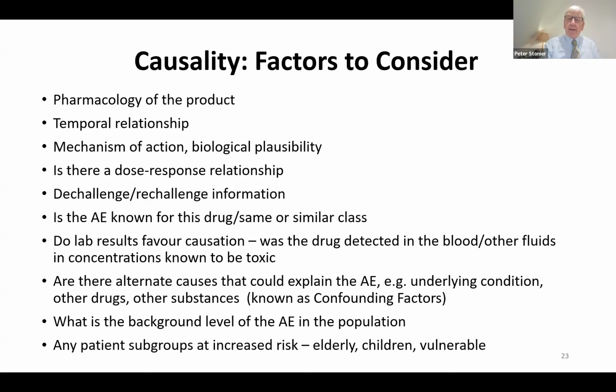There are many factors to consider in causality, and these factors can be put into algorithms such as the Bradford-Hill criteria, the Naranjo algorithm, and the WHO algorithms, to give some sort of measure of the likelihood of the event having a causal relationship with the actual drug administration. So that's a very important part of pharmacovigilance at this point.